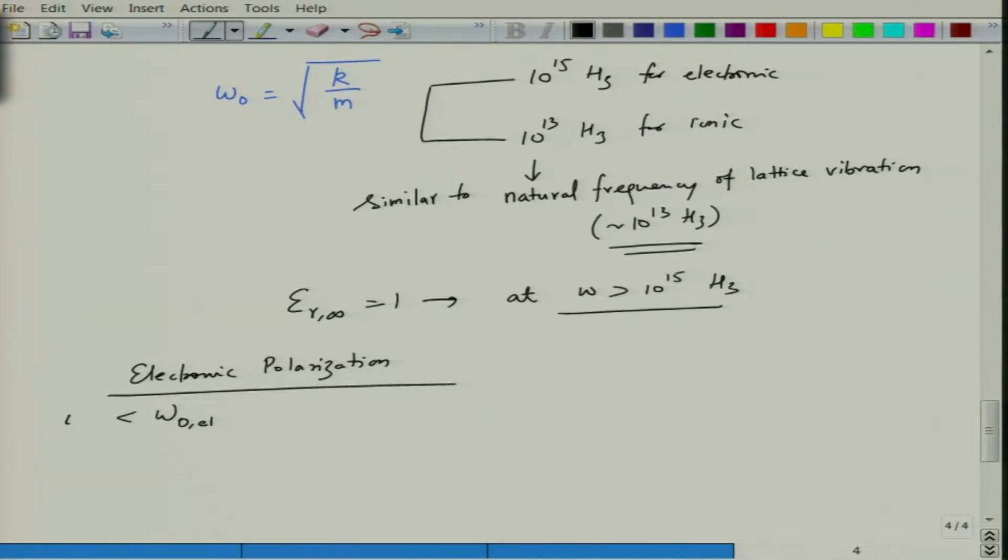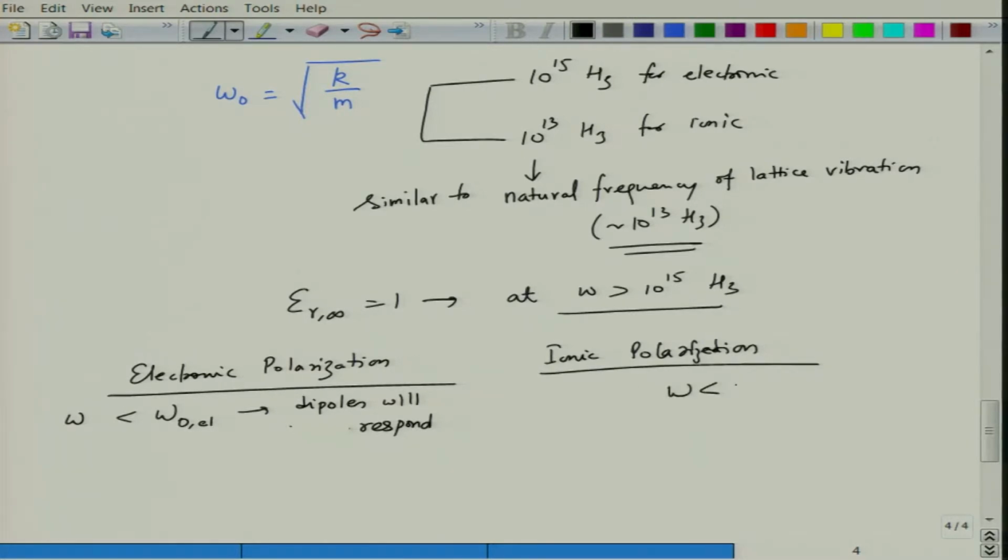As long as your frequency is lower than this frequency, your dipoles will respond. And for ionic polarization, your frequency is lower than omega naught I, which is lower than omega naught electronic.